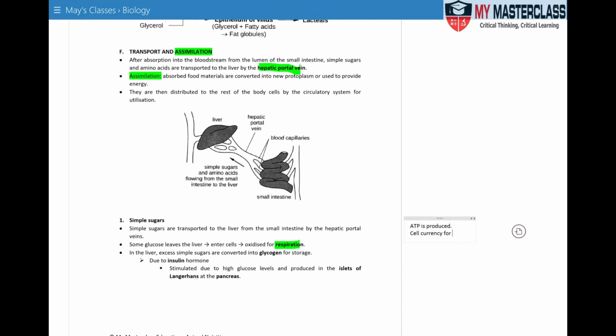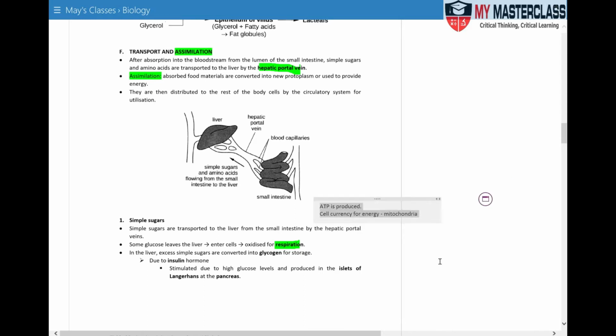So for all the cells that require energy, they will have to produce ATP, and this is done by an organelle, the mitochondria. Okay, for this, refer back to your earlier topic 1 on cells itself, whereby we went through mitochondria.